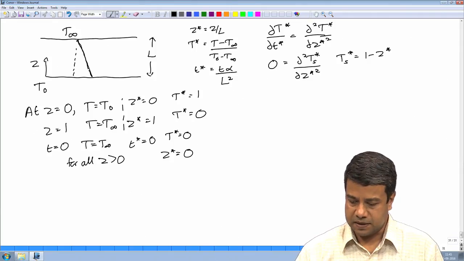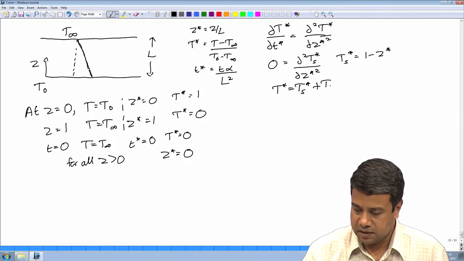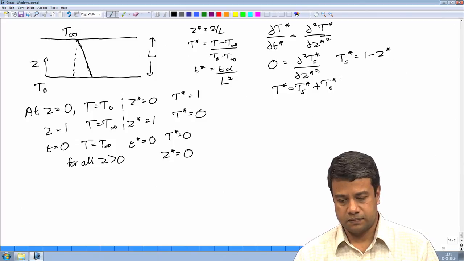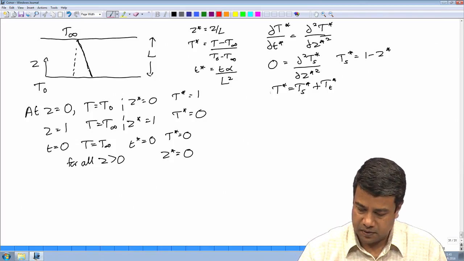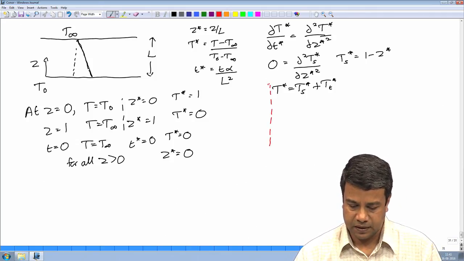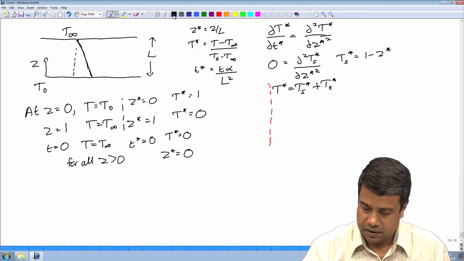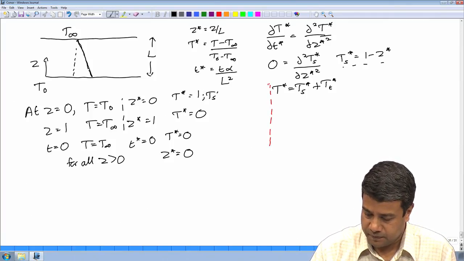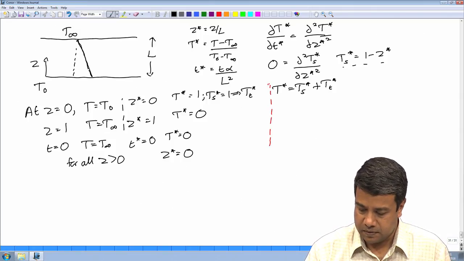And then we had expressed the temperature as the sum of the steady part plus the transient part. If you look at these boundary conditions, at z star equal to 0, T star was equal to 1. The steady temperature is also equal to 1, which implied that the transient temperature was equal to 0.